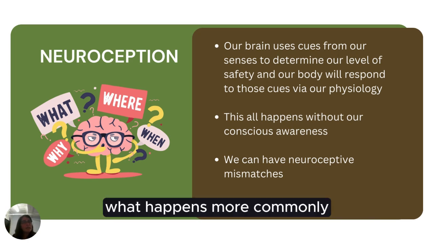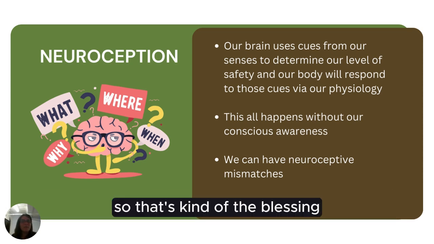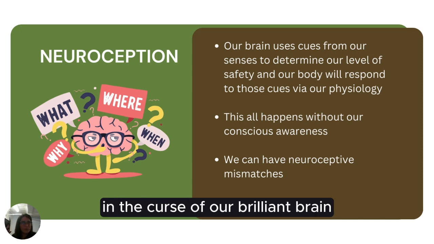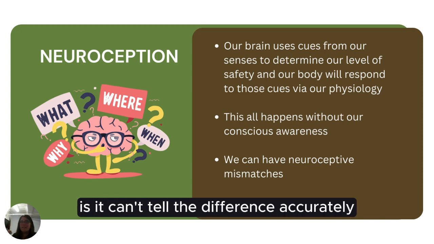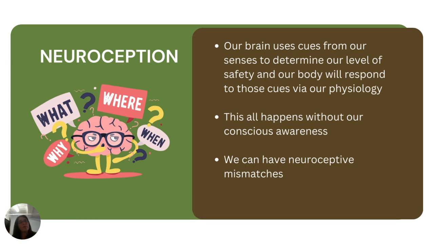What happens more commonly, especially as we become adults, is our brain reads things as danger that really isn't. So that's kind of the blessing and the curse of our brilliant brain is it can't tell the difference accurately all the time between what's a real threat and what's a perceived threat.